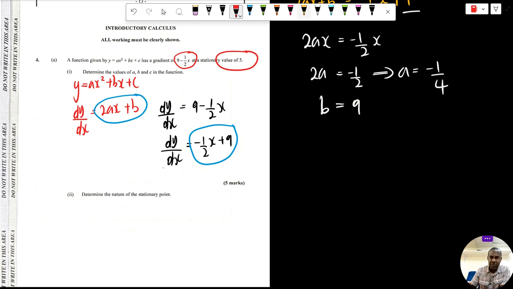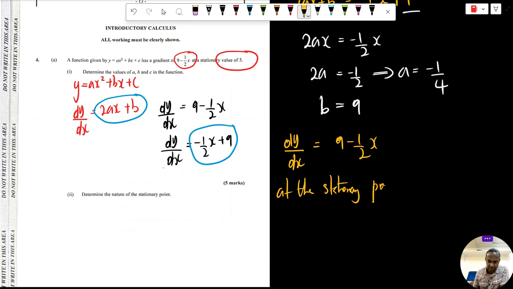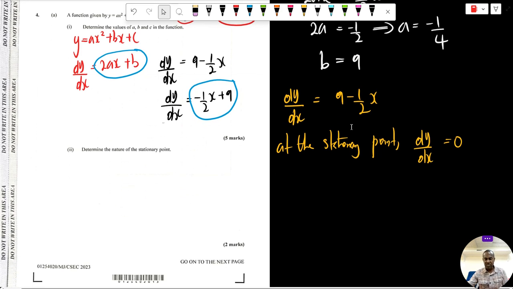So remember that we have dy by dx is equal to 9 minus a half x. And if you recall, at the stationary point dy by dx is equal to 0, right? So in order to find the x-coordinate of the stationary point, we're going to set dy by dx equal to 0 and then solve for x.